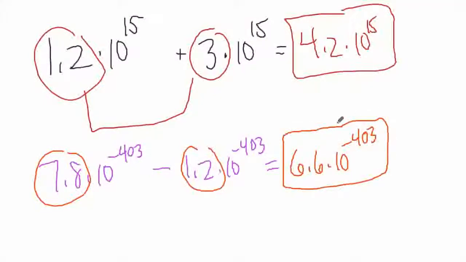All right. Now, everything is well and good as long as both parts have the same exponent. Okay? If they don't, we've got to do some adjusting. So, let me show you what I mean by that. Suppose I wanted to add 6,000 to 600.